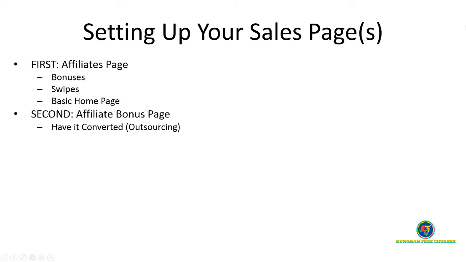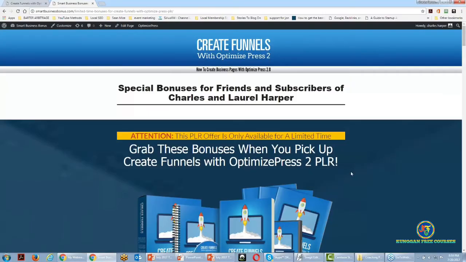If you have somebody who knows HTML, they can take this template, or a template you have on WordPress or Lead Pages, and turn that bonus page into HTML, because your affiliate may or may not use WordPress. They may like to use HTML, and you want to make it easy for them to promote.